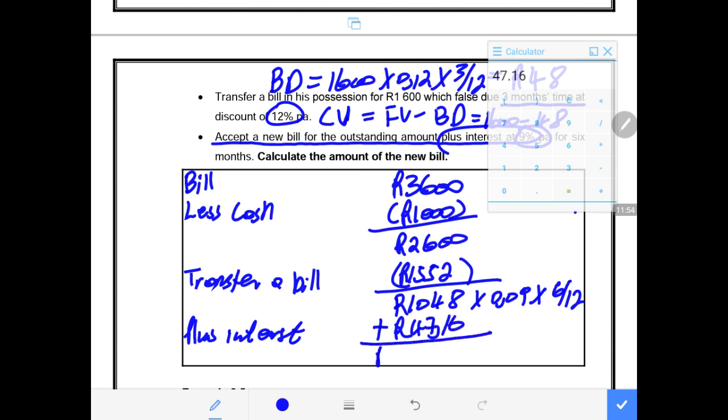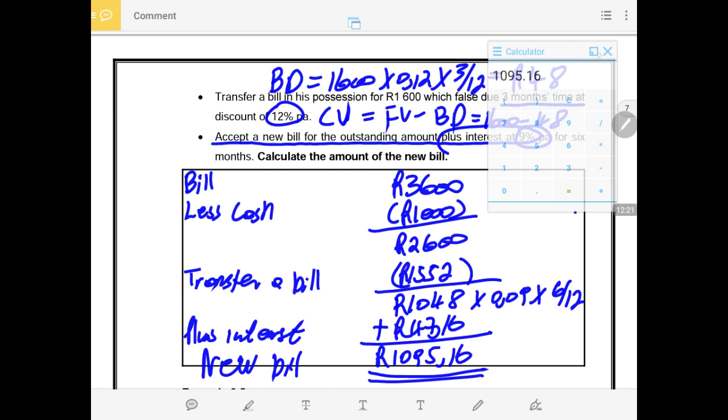So now this in simple terms means plus 1,048 rands. Therefore now the face value of the new bill is 1,095 rand 16 cents. So this is the face value of the new bill, meaning the new bill must be this amount. New bill will be 1,095 rand 16 cents. With that, guys, thank you very much.